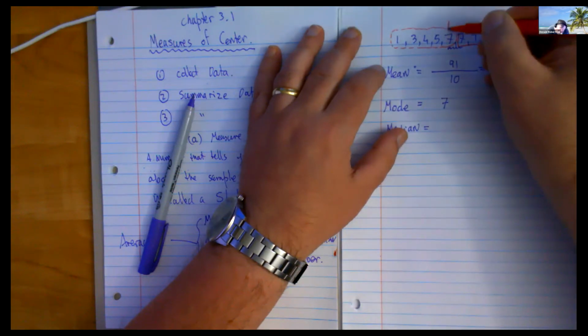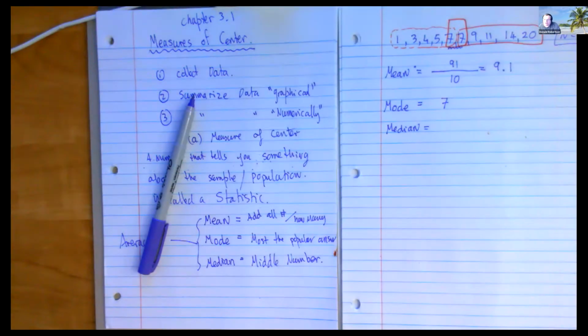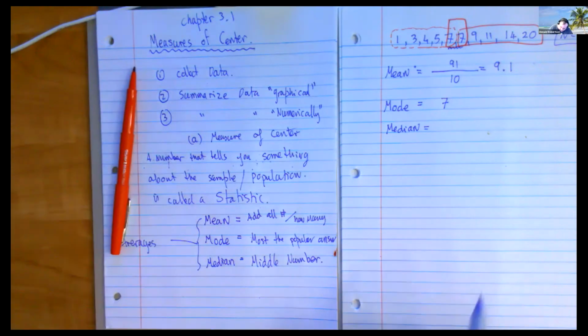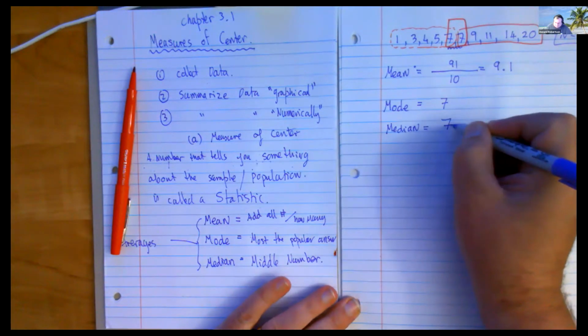Do you see in this case, there are a shared pair of numbers in the middle, right? There's 2 numbers in the middle, right? Aren't both those 7s equally in the middle? So in this case, the median is 7.